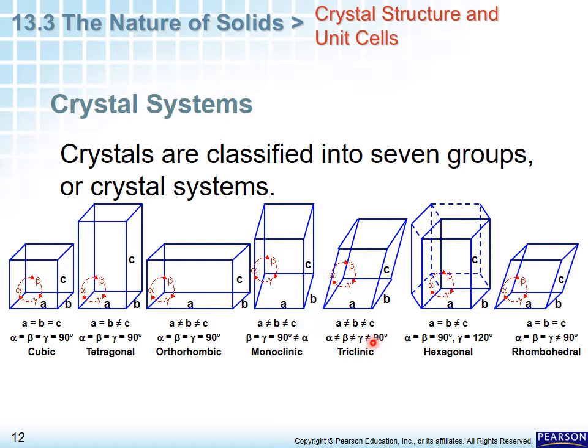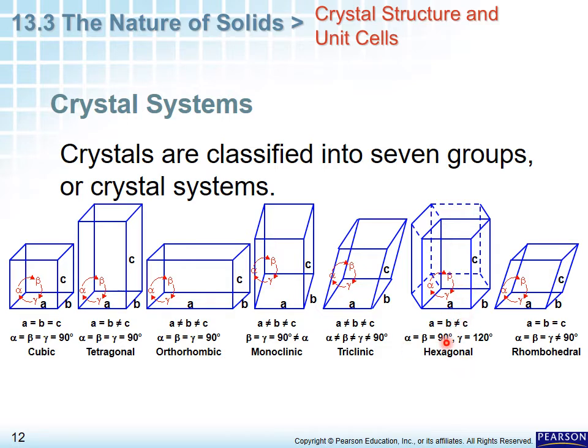Here, triclinic: side A is not equal to B and side B is not equal to side C, meaning all the sides are unequal, and all the angles are not equal to 90 degrees, it is totally different. Here is called hexagonal. Hexa means 6. Hexagonal means 6 sided.